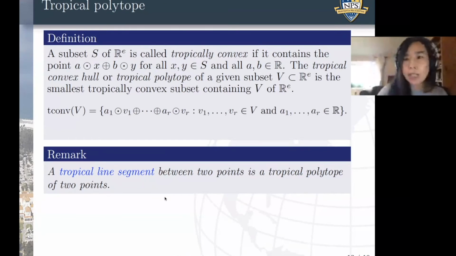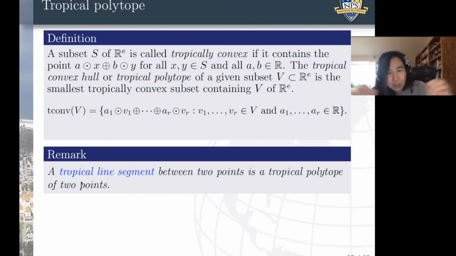You can reverse it and calculate it. However, it's still not clear, you have to calculate it. It's not obvious, especially when you calculate the tropical line segment.